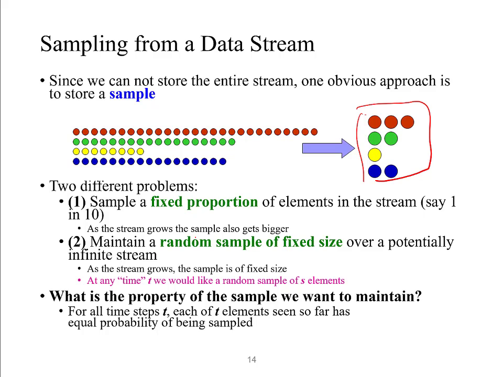But remember, the size of the main memory is limited. So if we set this proportion to be large, it will give us a better representation of the data stream, but the space is growing faster, and you can expect that sooner or later the main memory is not enough, right?